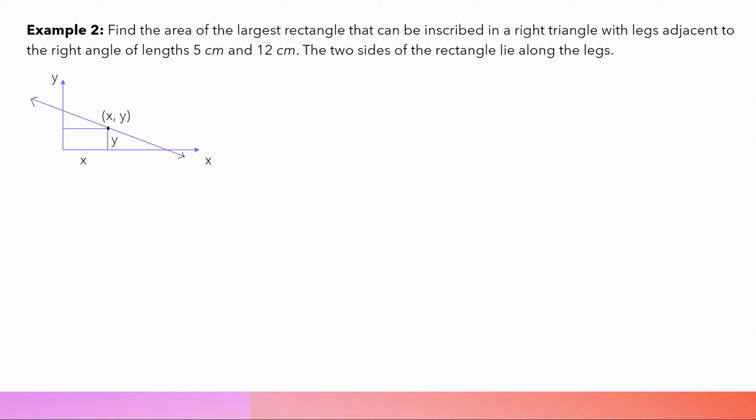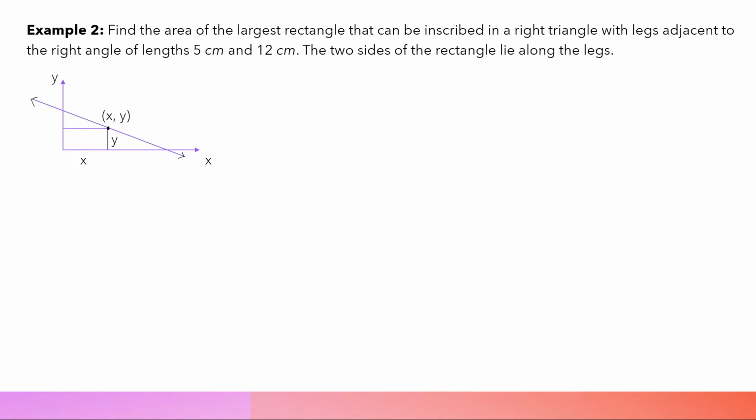So this problem involves finding the area of a rectangle. We're asked to find the area of the largest rectangle that can be inscribed, so that means put in or fit in, a right triangle with legs adjacent to the right angle of lengths 5 centimeters and 12 centimeters.